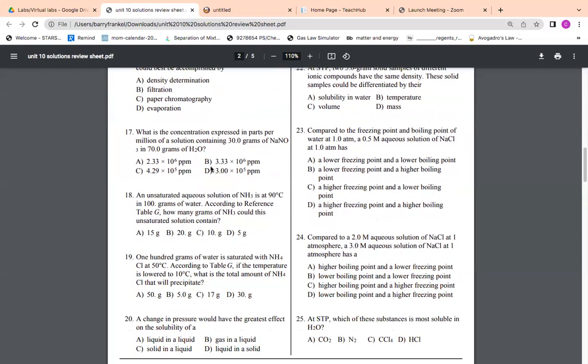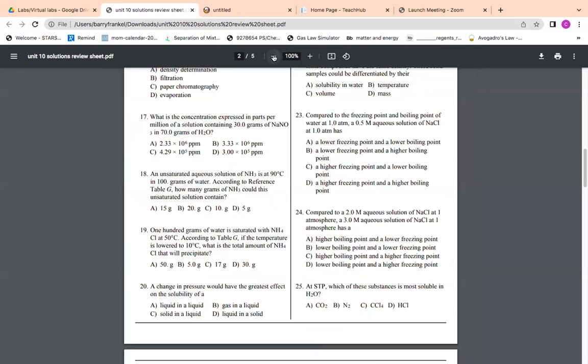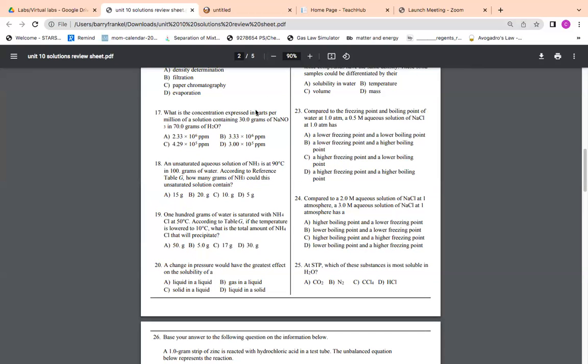Number 17. What is the concentration in parts per million of a solution containing 30 grams of NaNO3 in 70 grams of H2O? So here we need the parts per million formula. Again, that is in Table T. So I'm just going to zoom out a little bit so I have room on the side.